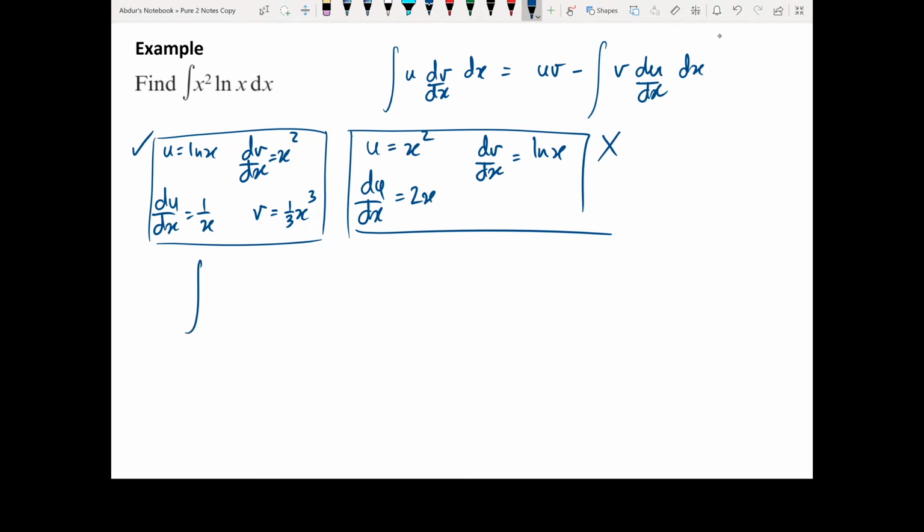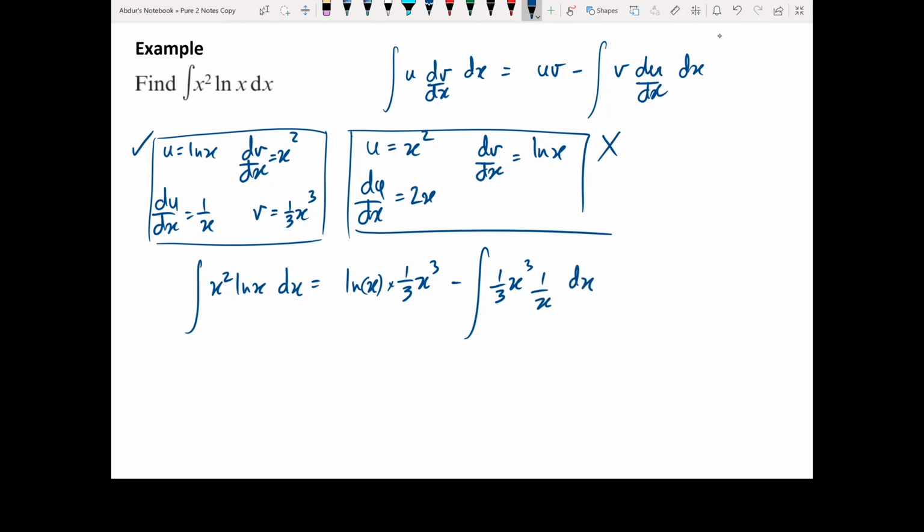So the integral of x squared ln x dx then becomes u times v. So u is ln x times v, which is 1/3 x cubed, minus the integral of v, which is 1/3 x cubed, times du/dx, which is 1 over x, dx.